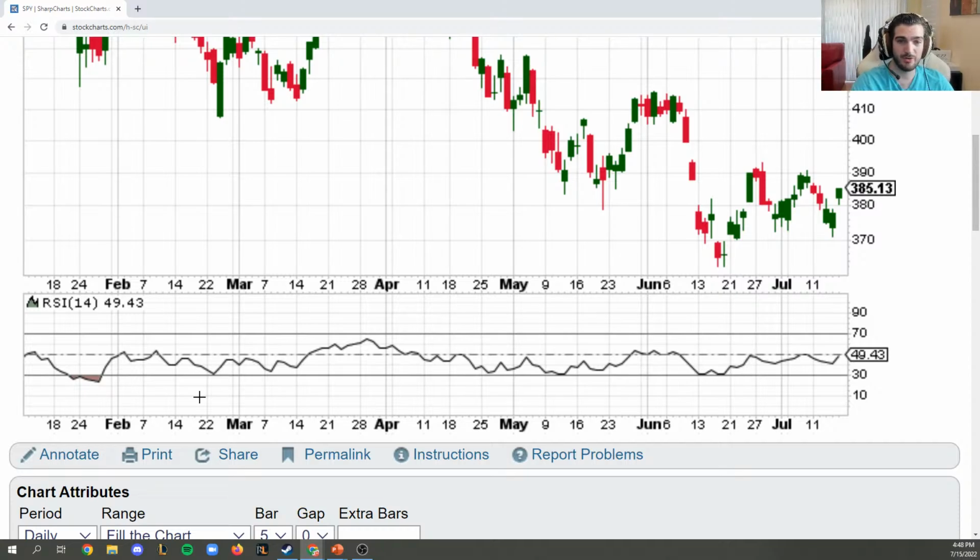Instead, what I want to show is that this value is bound between 0 and 100%. Right now, it is 50%. We consider any RSI below 30% to be oversold, and we consider any RSI above 70% to be overbought.